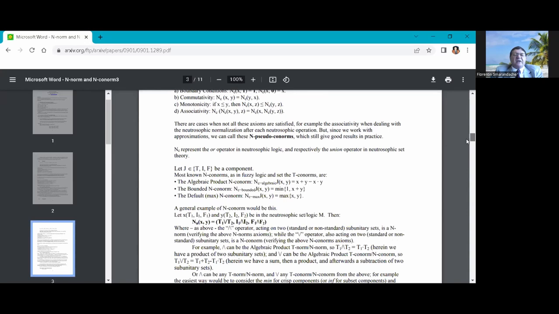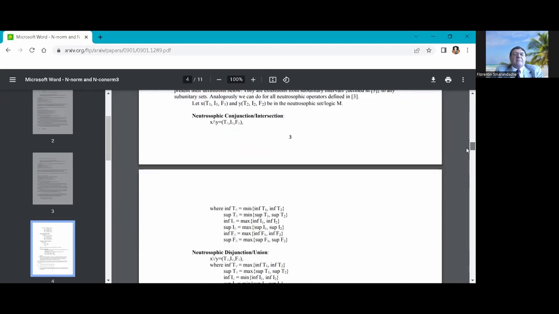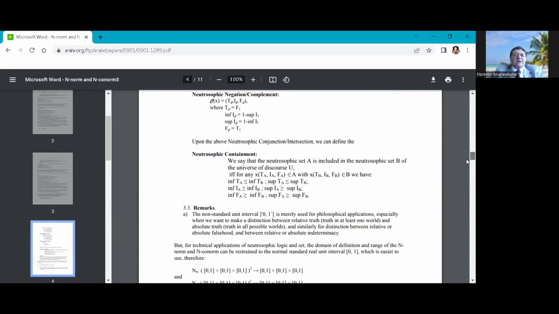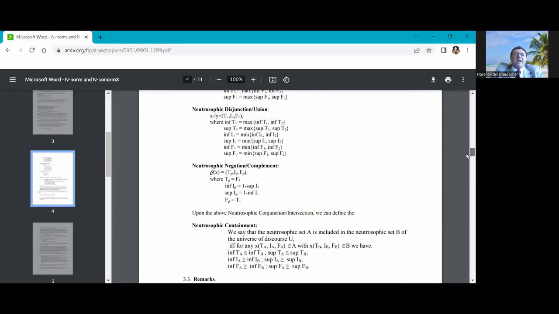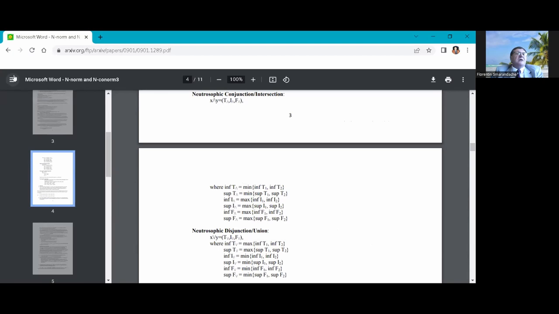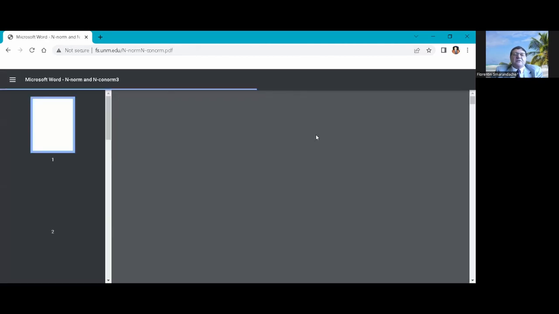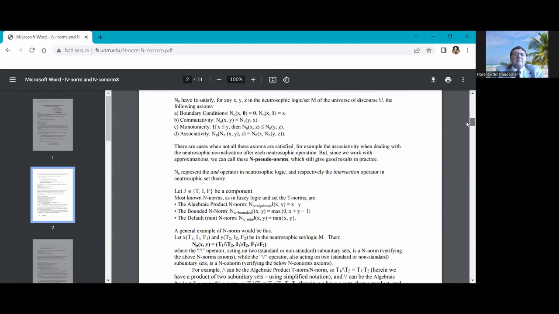We consider, for example, a multiplication of the variables, taking into account, let's see, this one.